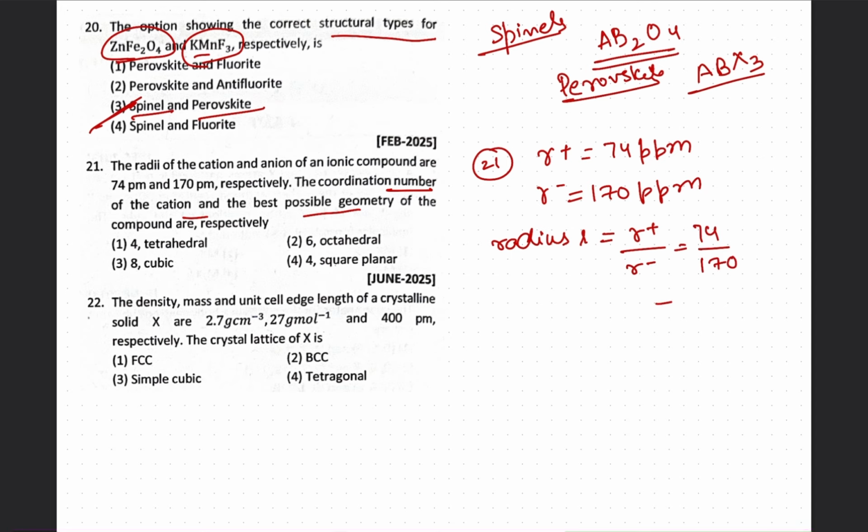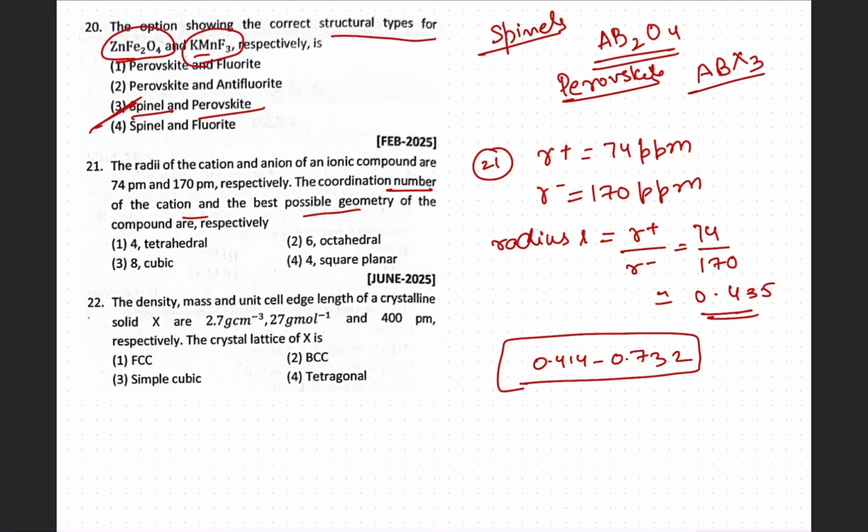So it will come approximately like 0.435, right, when you will solve it. Now it is coming between 0.414 and 0.732. We know that if the radius ratio is between this, then the coordination number is 6 and the geometry is octahedral. So this will be the right answer, right?